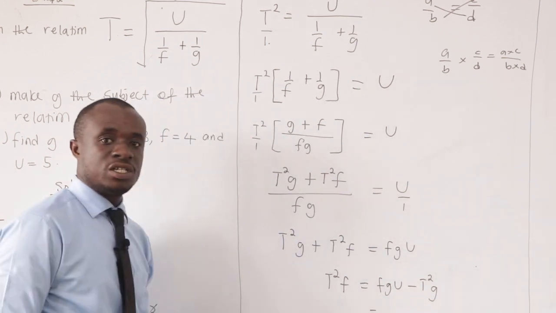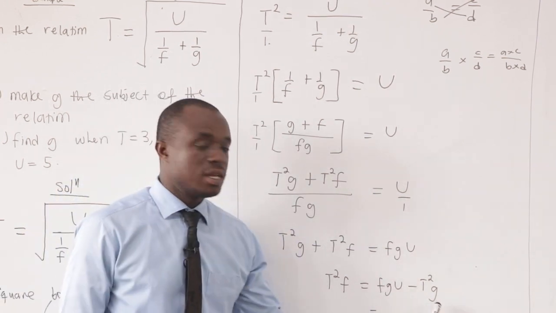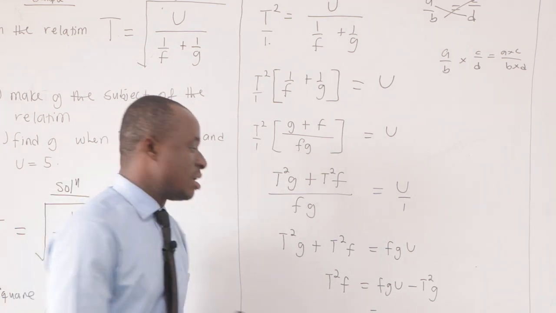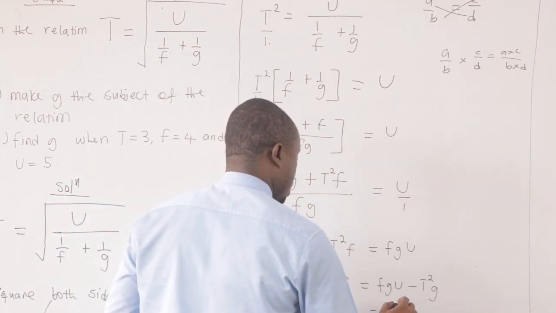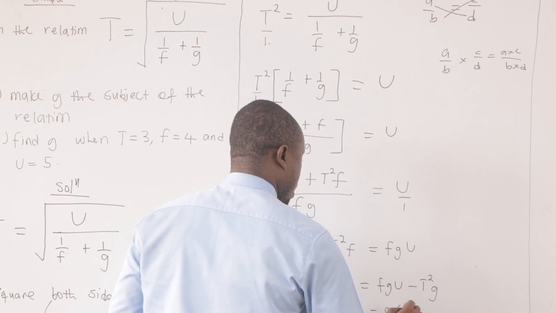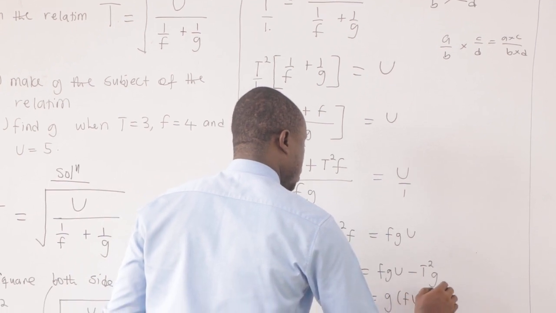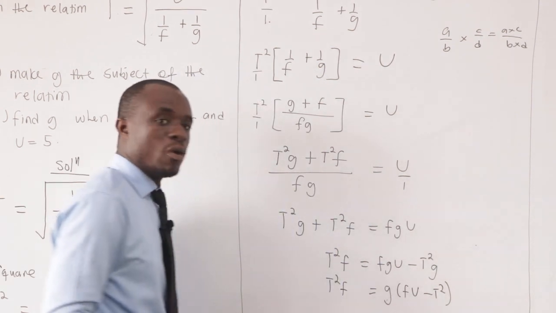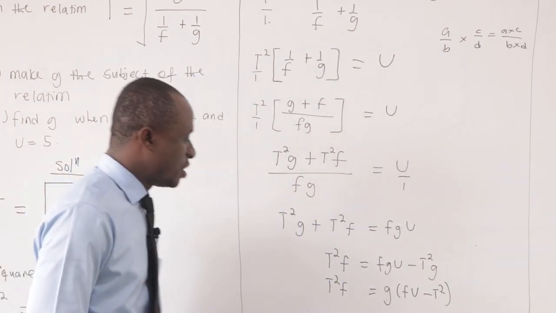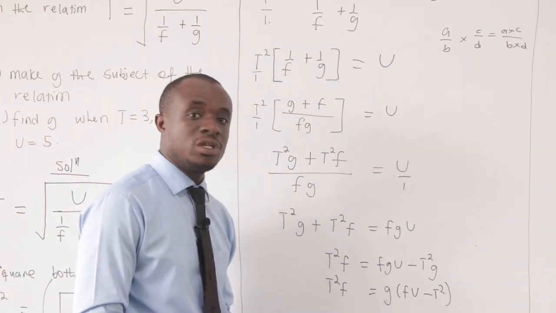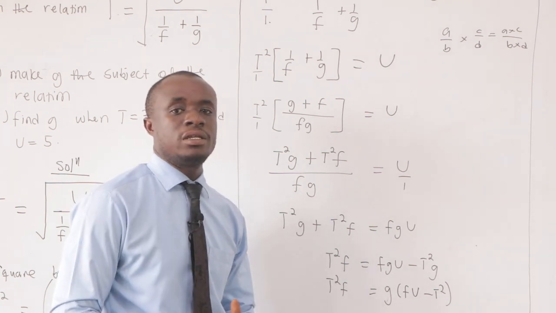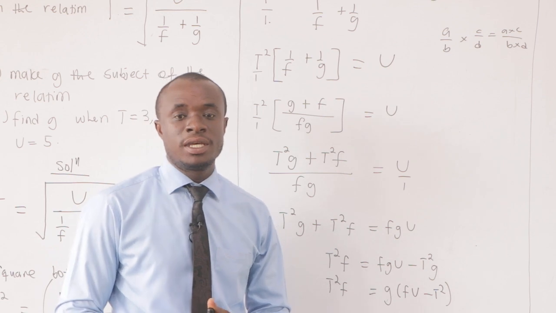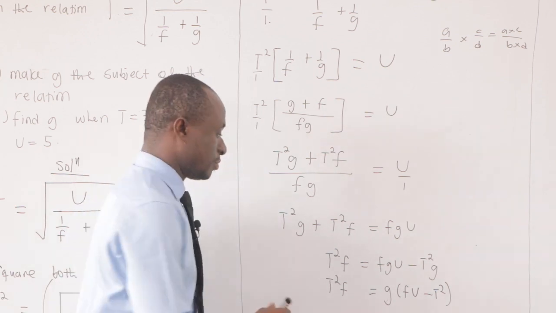I want to make j the subject. There's j here, there's also j here. So what should I do? I have to factorize j out. When I factorize j out, I have fu minus t squared, and here I have t squared f. I want to make j the subject, so I have to divide by what is multiplying the j, because the inverse of multiplication is division.